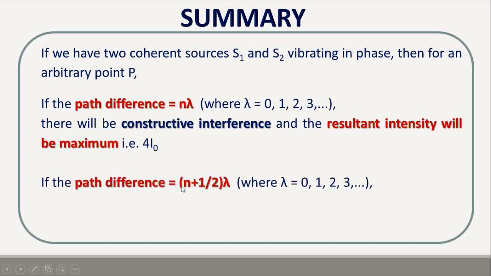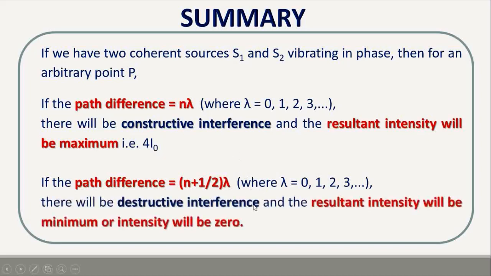Now if the path difference is a fractional part of wavelength, which can be expressed in this form, n plus half into lambda, so I am taking in-between values. Here, if I take 0, you get a constructive interference. If I take 1, you get a constructive interference. Between these two values 0 and 1, the in-between value is 0.5. Between 1 and 2, it is 1.5.